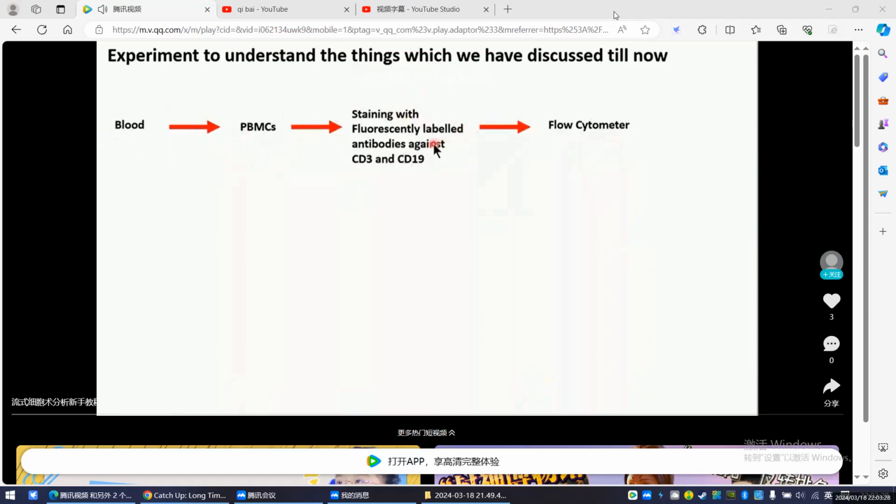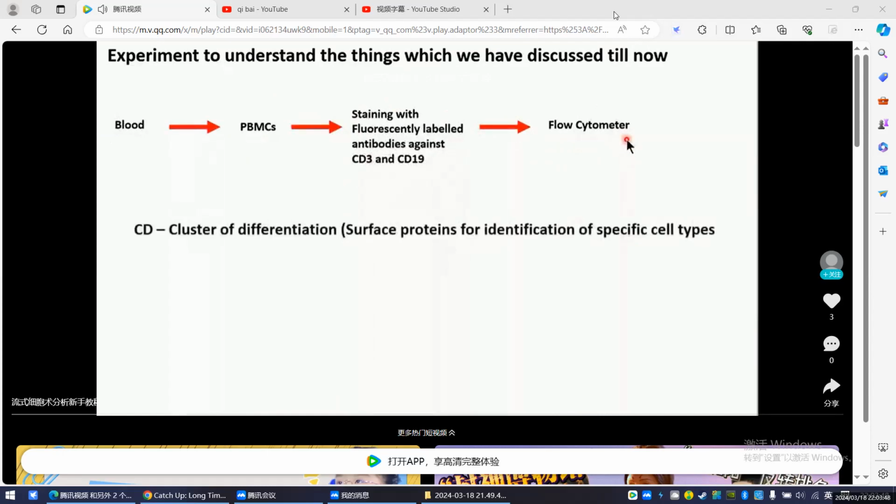It means we will mix the fluorescently labeled antibodies with our PBMC suspension. And in this experiment we are using antibodies against CD3 and CD19, and we are putting the whole sample in the flow cytometer. So before going ahead, I will give you information about CD.